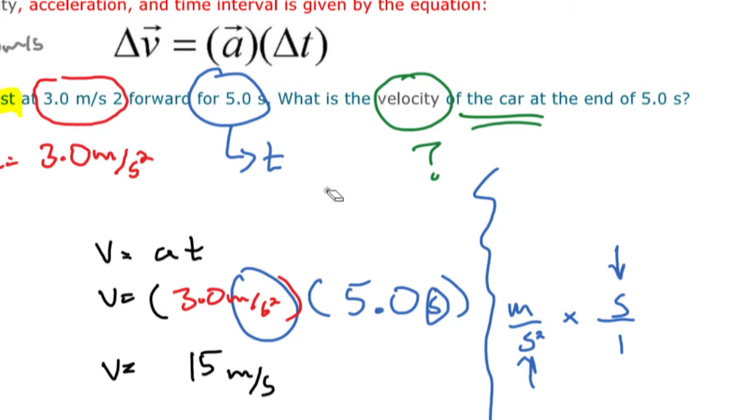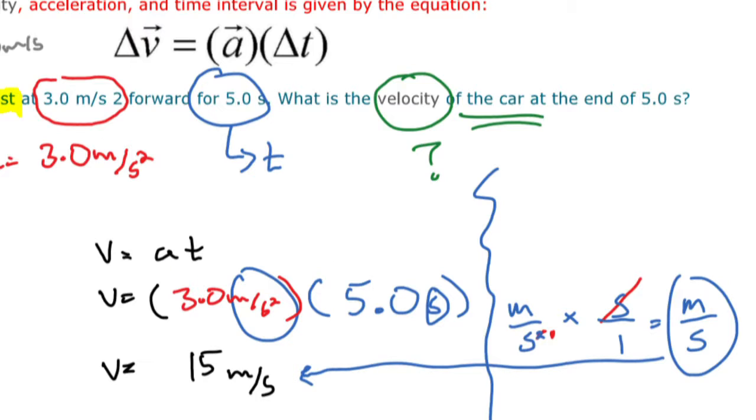So if this was a grade 10 math question, I'd say, okay, m over s squared times s. I have one s on the top, I have 2 on the bottom, so I'd get rid of that, I would change it to a 1. And my units would end up being meters over seconds. And that's what we end up with, because we know that a velocity has units of meters per second.